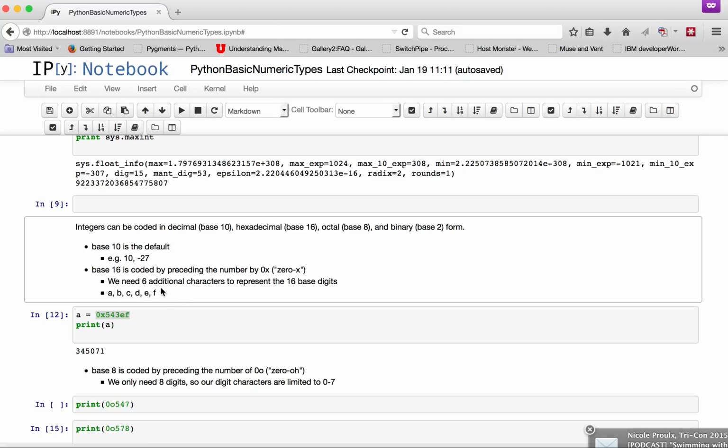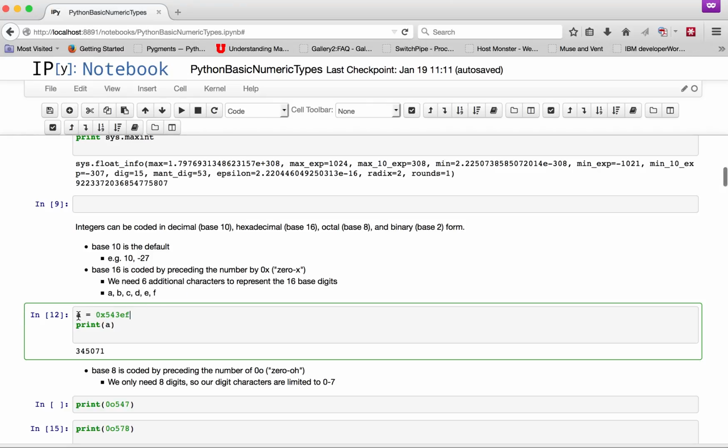But because we have base 16, we need an additional six symbols in addition to 0 through 9. So we add the symbols A, B, C, D, E, and F as numeric digits to be used in our hexadecimal representation. Here I'm creating a variable A and assigning it the hexadecimal integer value, which I can tell because I'm preceding the number by 0x, 543EF.